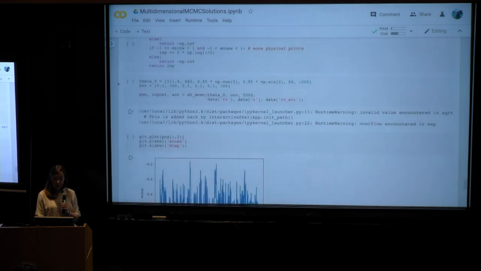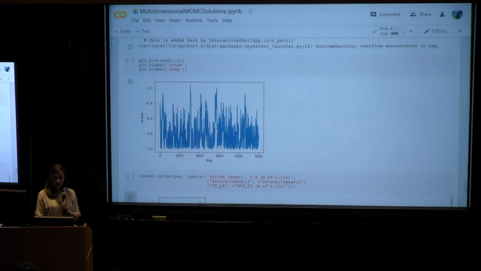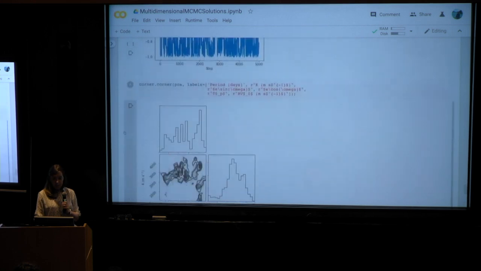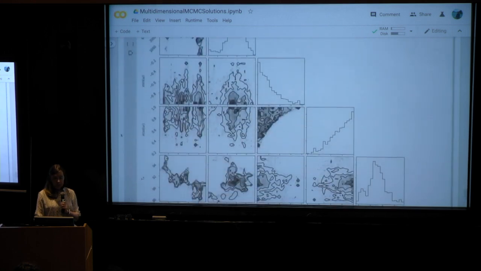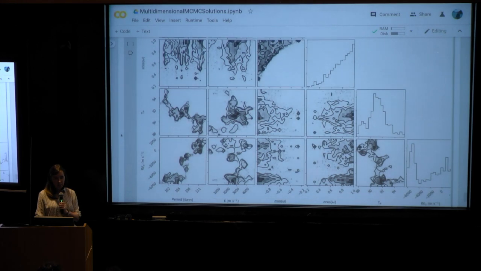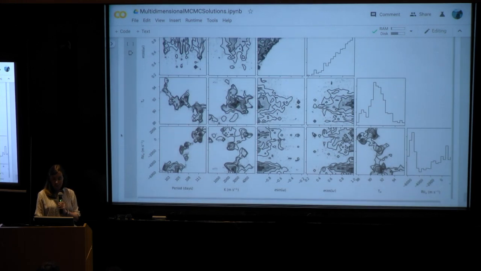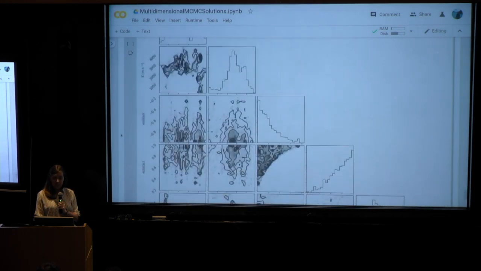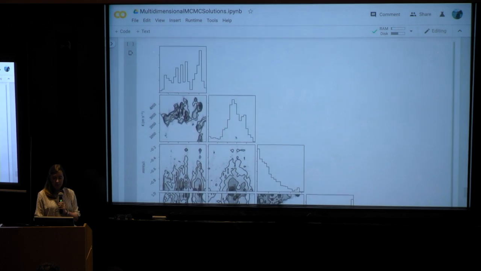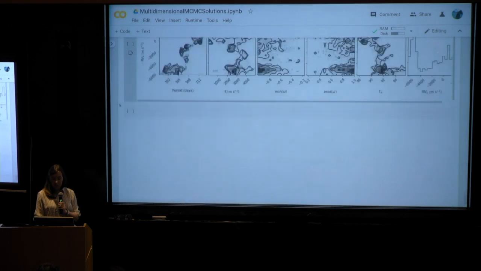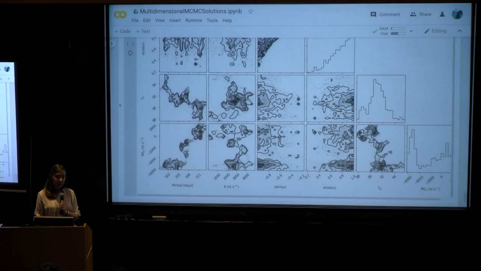So if we change that and rerun it, we actually get pretty nice behavior. And again, I didn't run this for long enough to get really beautiful corner plots because it would take a while. But we can start to see that we are getting decent constraints on things. And that was the end of the exercises.